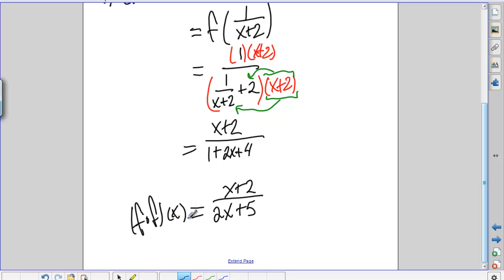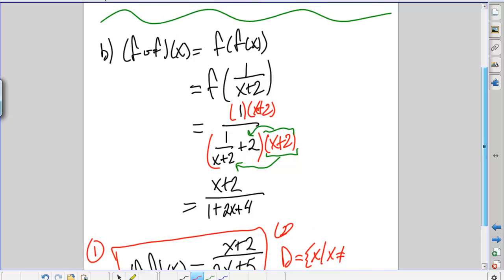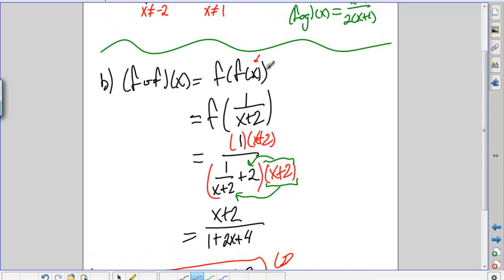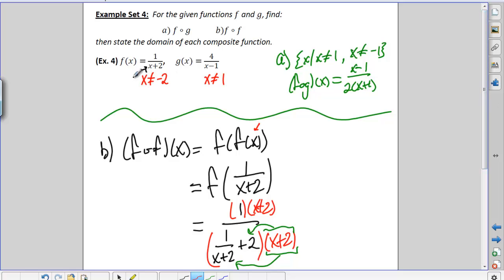Not the easiest thing in the world, but hopefully you kind of followed through all that. So let's get the domain. So that's the first part of our answer. The second part is, what's the domain? To begin with, the inside function here is f of x. So what restrictions did we have there? X couldn't be negative 2.